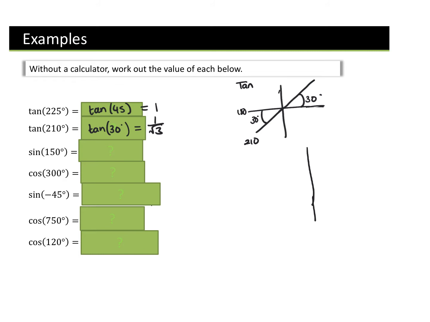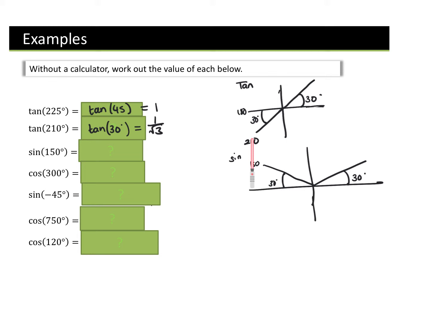Okay, if I have a look at my sine now, I have sine of 150. 150 is roughly here. And if I think, how did I get 180 take away what's 150? 30 degrees. So that means this angle is also 30 degrees. With sine, we always reflect it in this vertical line.